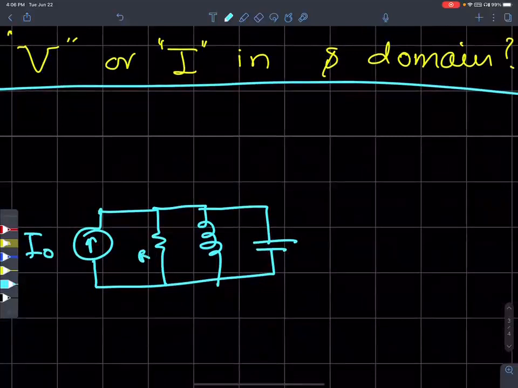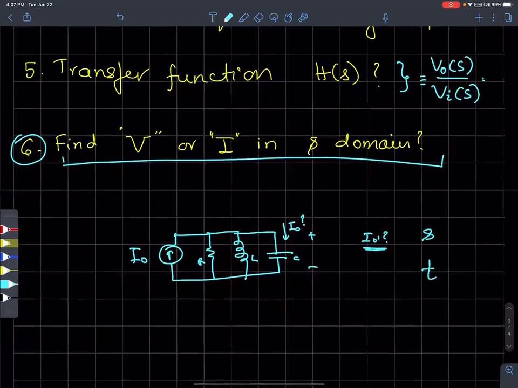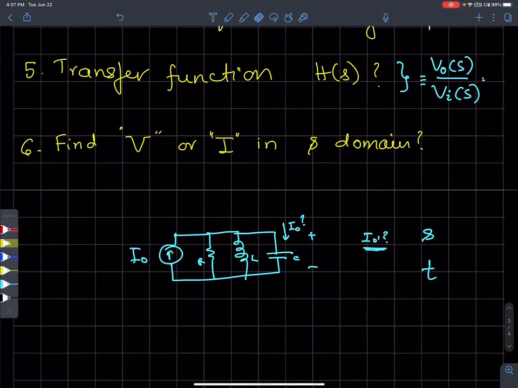With R, L, C, you're asked to find some other current, I0. What is the expression for I0 in the S domain and in the time domain? Some twist on that mode of questions.